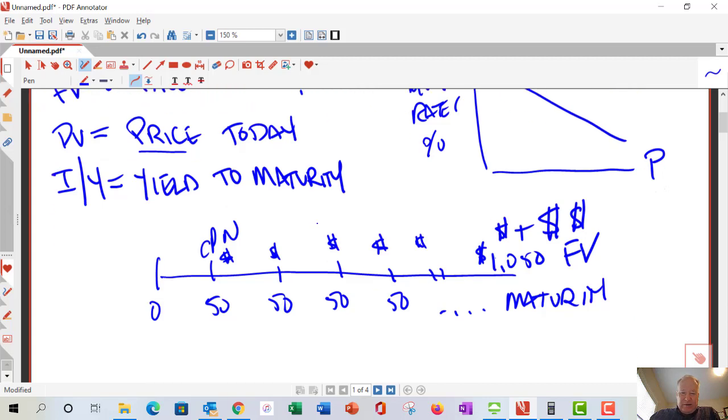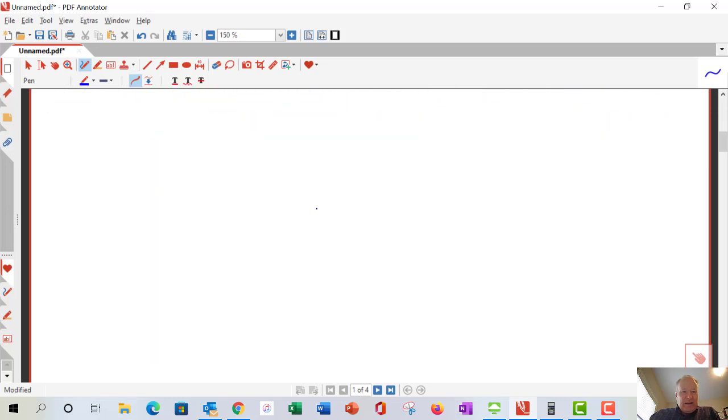Okay, so how do we go about calculating the yield on a bond? Generally you're going to be finding the yield. The price is usually going to be provided to you. So we'll say here we have a bond. Bonds are corporate or government bonds.